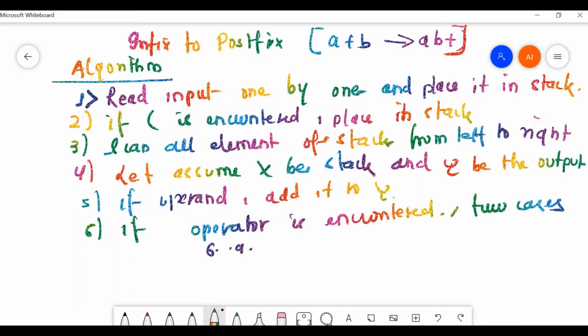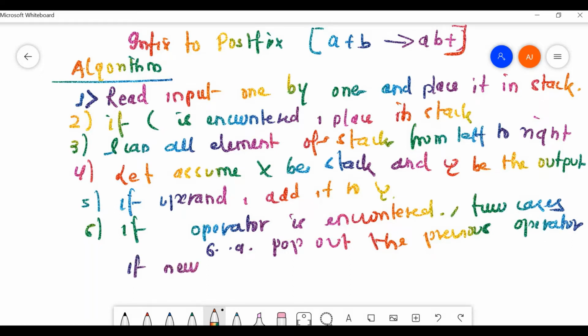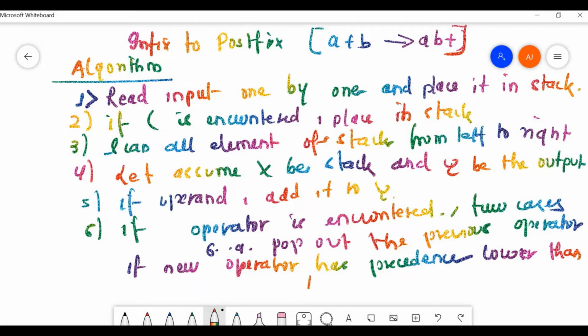So 6a, first case is pop out the previous operator if the new operator has precedence lower than the previous. And second case is add the operator to stack.